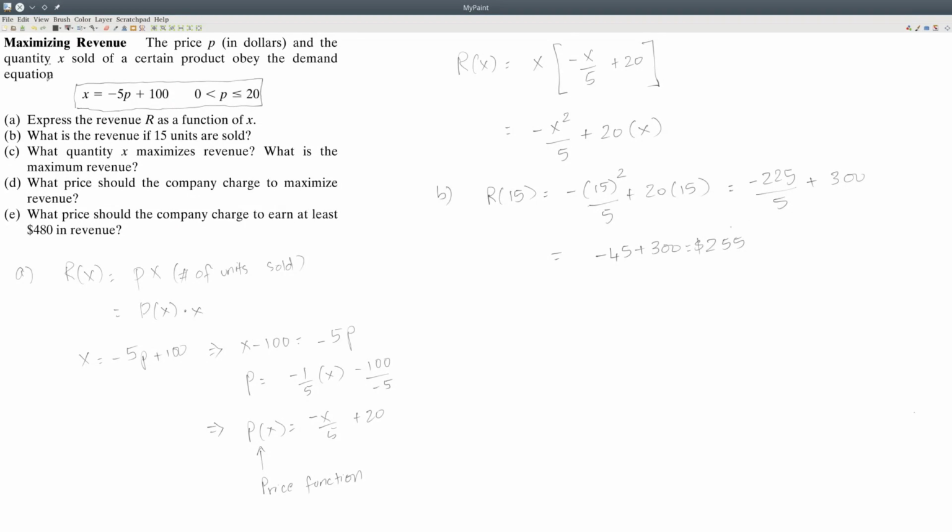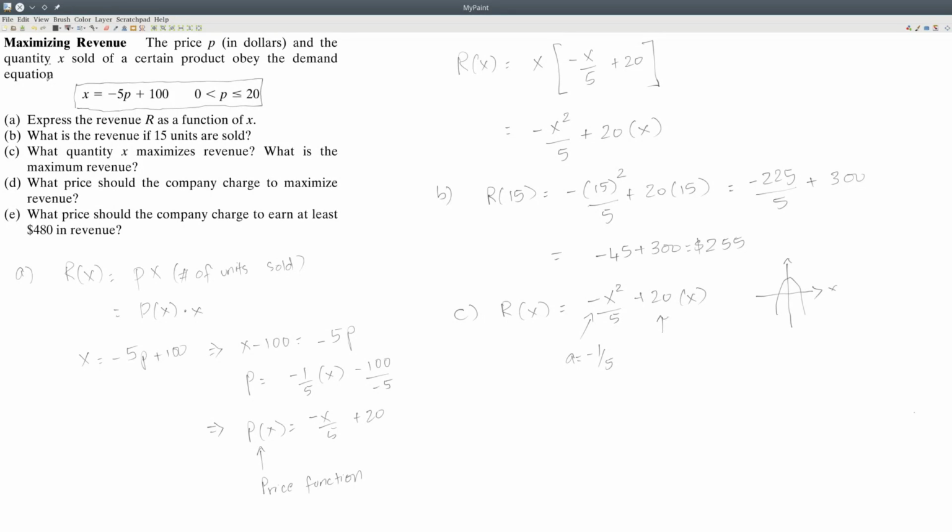Now, we would like to find the quantity that maximizes the revenue. Now, what is the maximum revenue? The revenue function, if you observe carefully, is minus x squared over 5 plus 20 times x. That is a quadratic function that is open downward, because the coefficient a is negative 1 over 5.